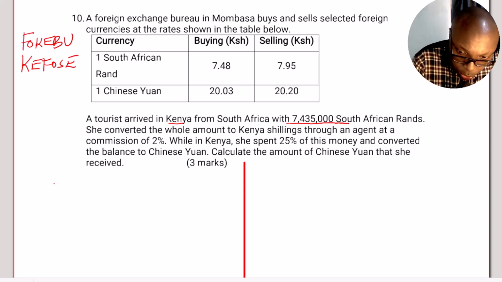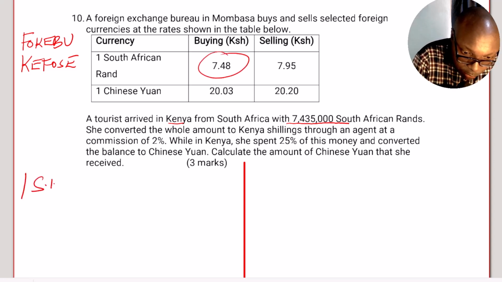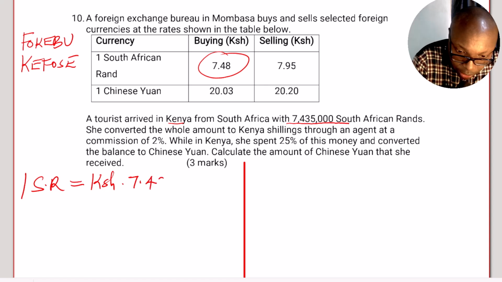So therefore we are going to convert this amount of South African rand by using this buy column. We shall use that. So 1 South African rand buys Kenyan shillings 7.48.